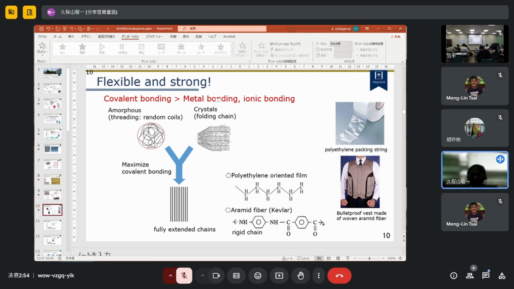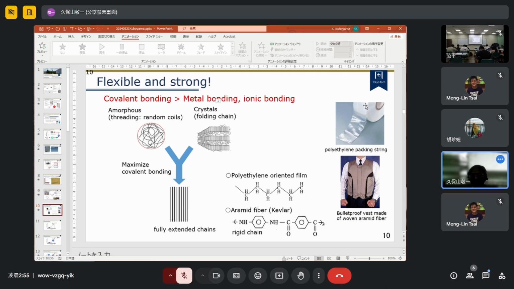And maybe, as you know, the polyethylene packing string also has strong properties, because when you apply stress in this direction, it's very hard to break the film because the molecular chains are ordered in this direction. But when you apply stress in this direction, you can easily split the sample, because between the polymer chains there is a weak interaction, the van der Waals force, that is weaker than covalent bonding.